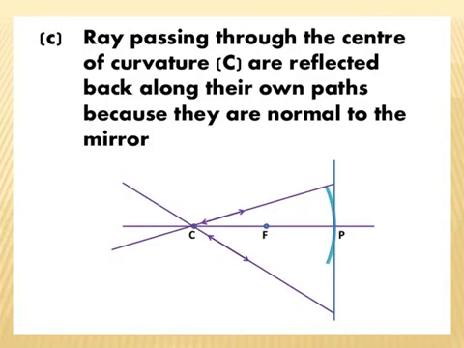What happens after it strikes the mirror? It is reflected back in the same path. You can see two arrow marks in opposite directions. One is the incident ray, the other one is the reflected ray. So a ray passing through the center of curvature is reflected back in the same path.